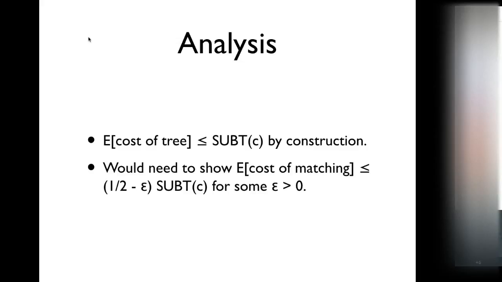You want to prove something for the expected. But expected would be good enough for me. In some sense, you could verify this one as well. Does that hold empirically? Yeah, of course it holds, because usually the matching is less costly for the best one overall, but this one also holds empirically on average. Yes, it's also, yeah.